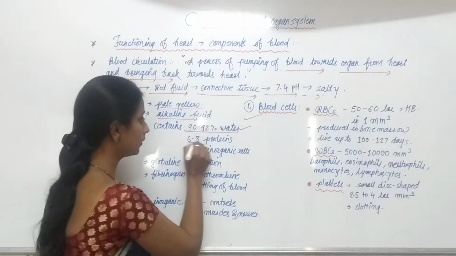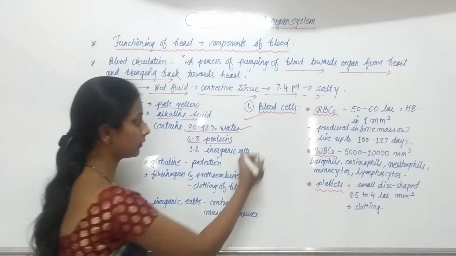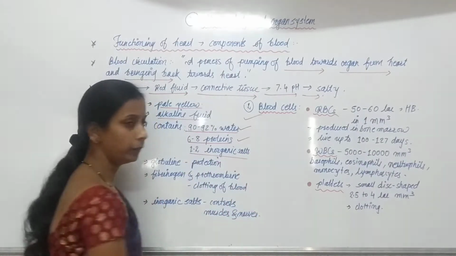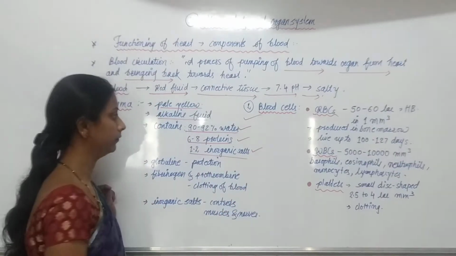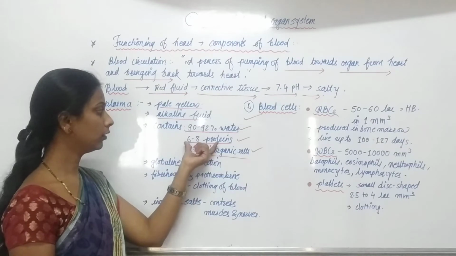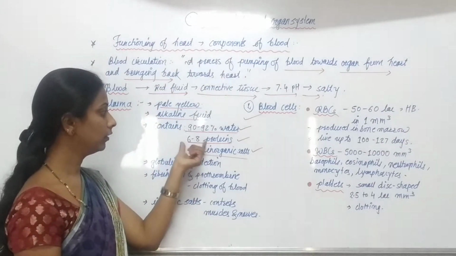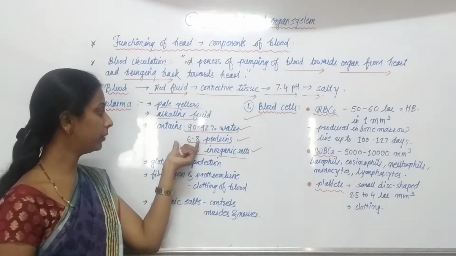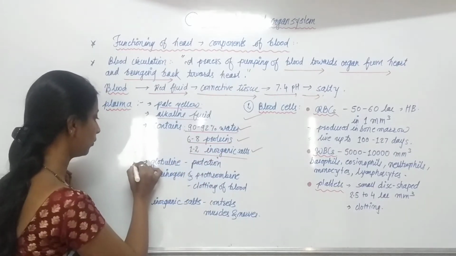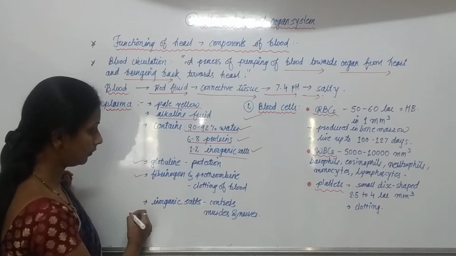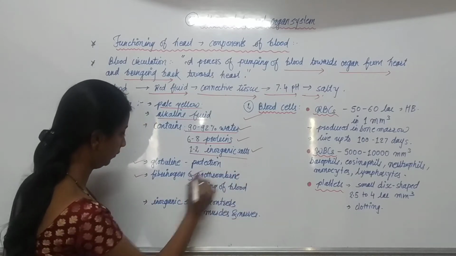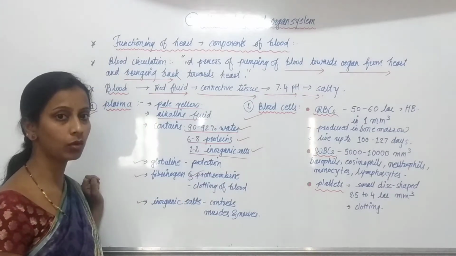Next to that, 6 to 8% proteins, 1 to 2% inorganic salts. Okay, so which type of proteins contains blood plasma? It is containing 6 to 8% of protein, and these are globulin, fibrinogen, prothrombin and some inorganic salts.